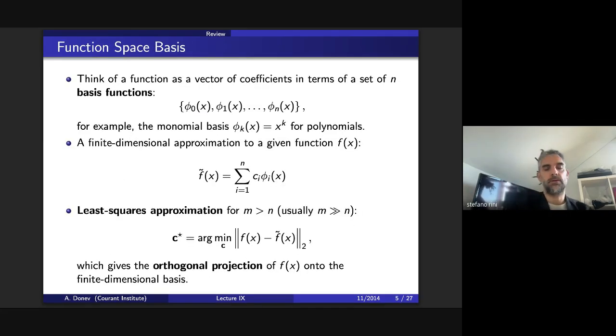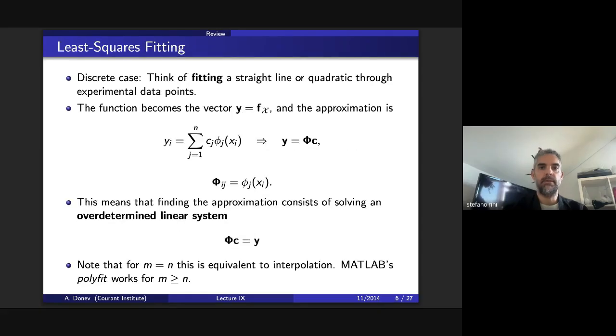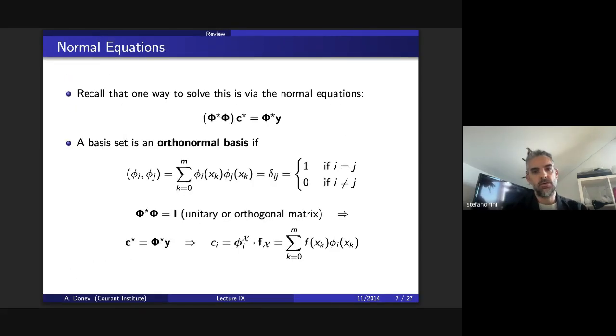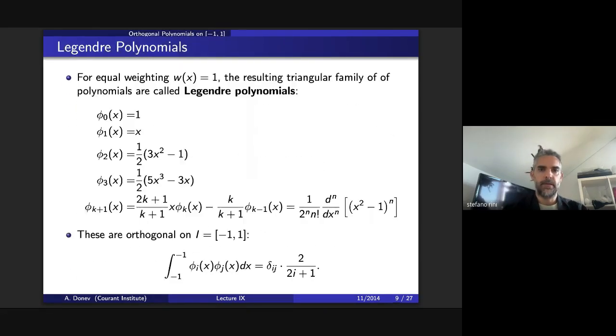This comes from the oscillatory behavior of the polynomial. We said that this is a least squares approximation problem. You have a set of n bases and m nodes, and you're trying to approximate the m nodes with n bases. We just saw this, right?